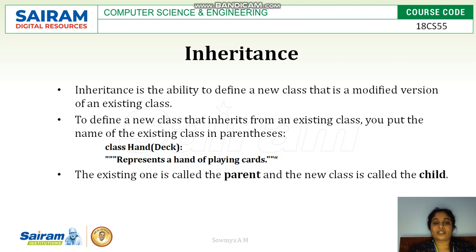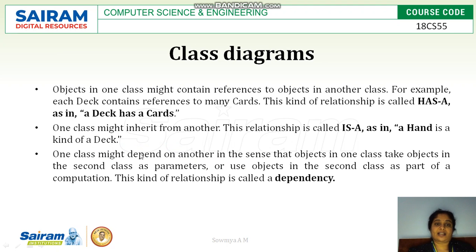In the class Hand we are inheriting the properties of Deck. The previously existing class, Deck, is called the parent class, and the newly created class, here Hand, is called the child class.